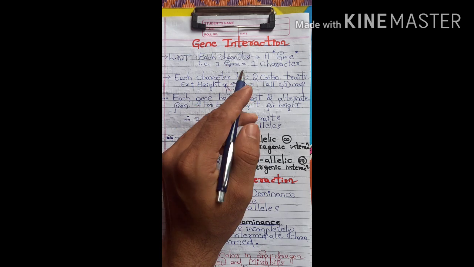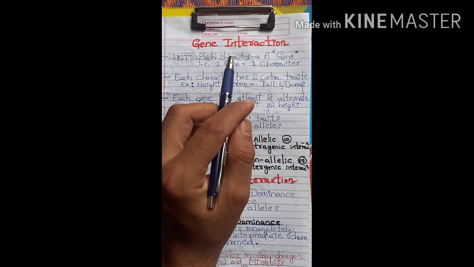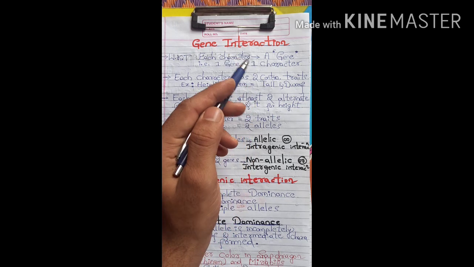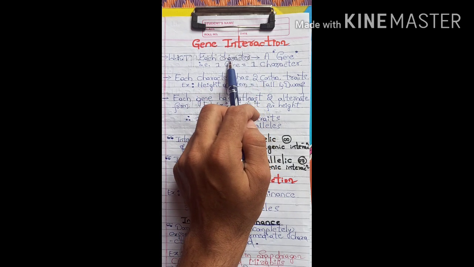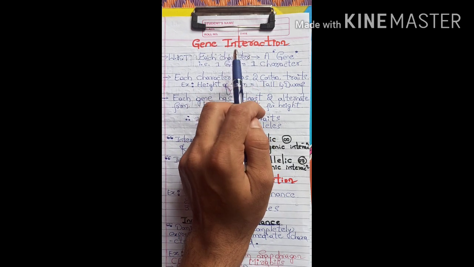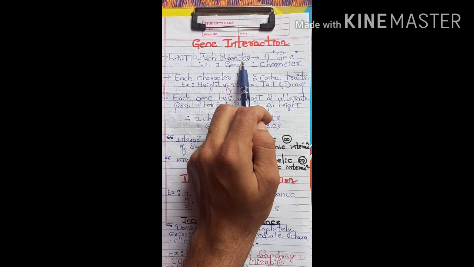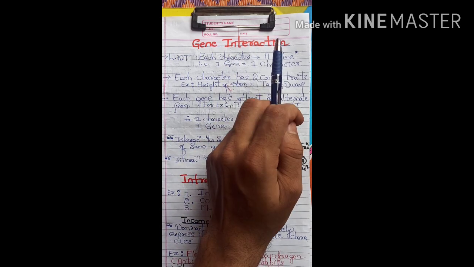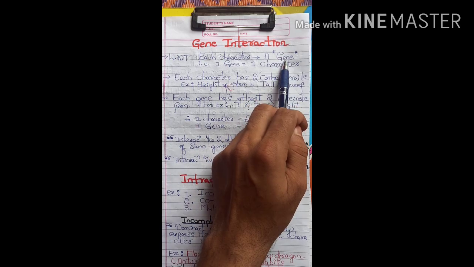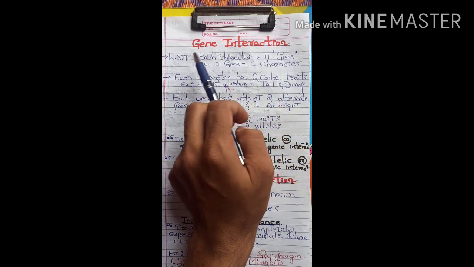Mendel performed his experiments on pea plants and studied 7 characters. According to Mendel, each character is controlled by a factor, a pair of factors, nothing but a gene. So you have to remember.